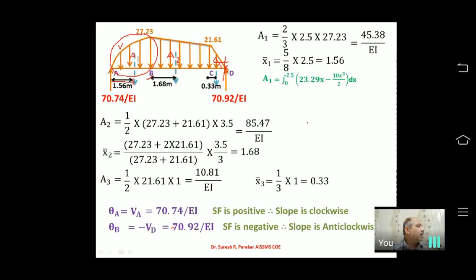So I will consider X at any point, and we are going to consider 23.29, which is our basic value of reaction, and then we have the UDL over here.